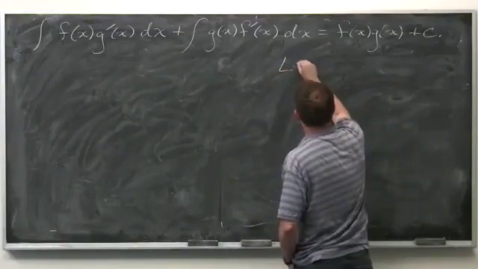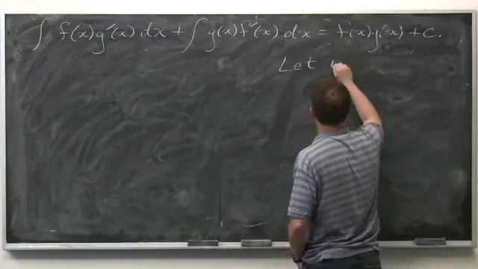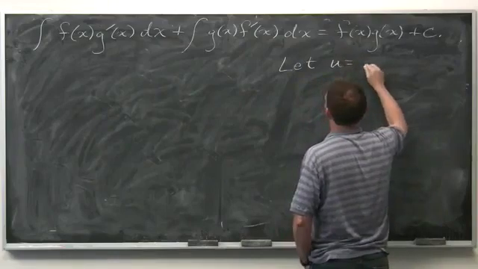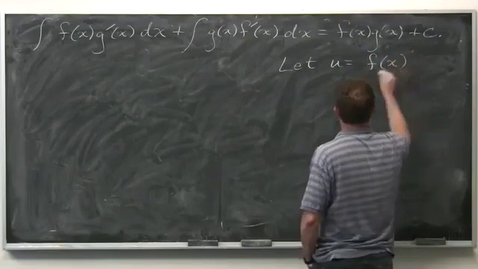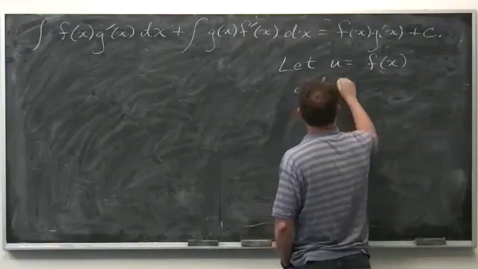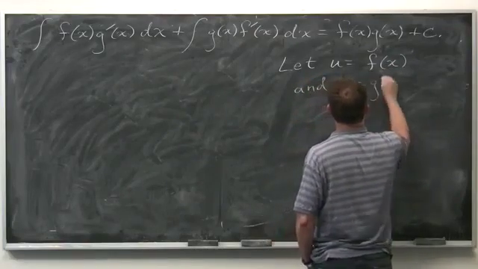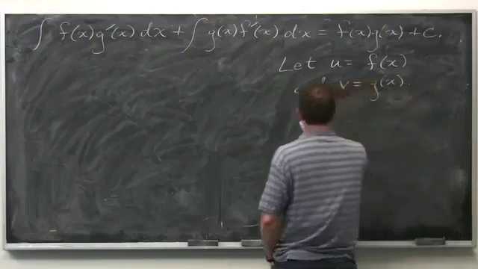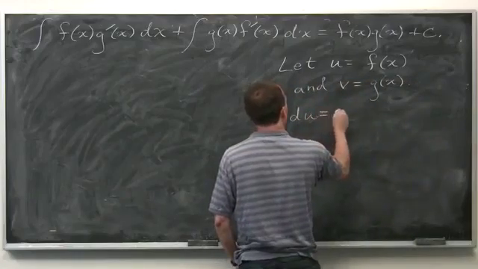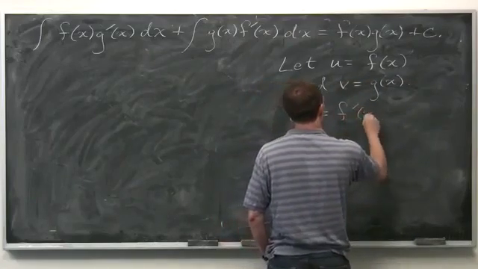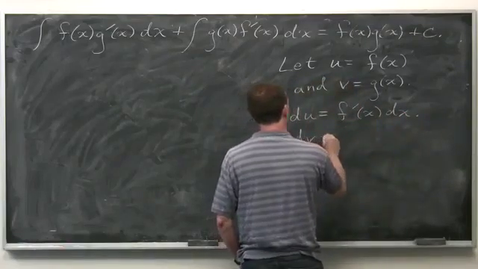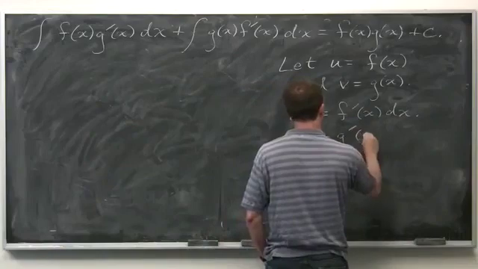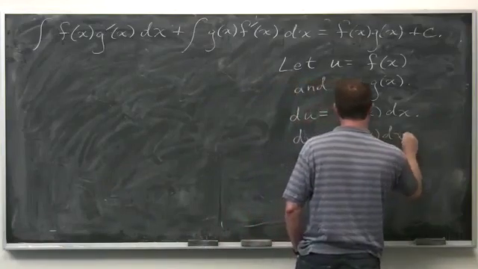The standard letters that everybody likes to use, though you don't have to, are to let u be f of x and v equals g of x. That means that du is f prime of x dx, and dv is g prime of x dx.